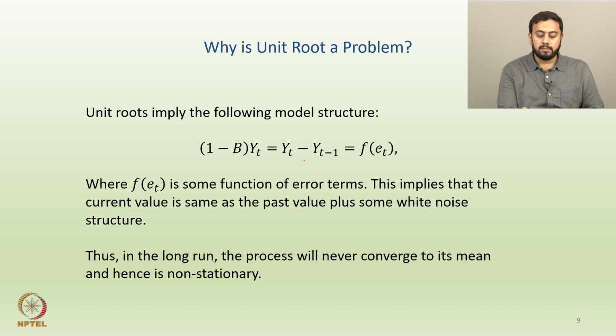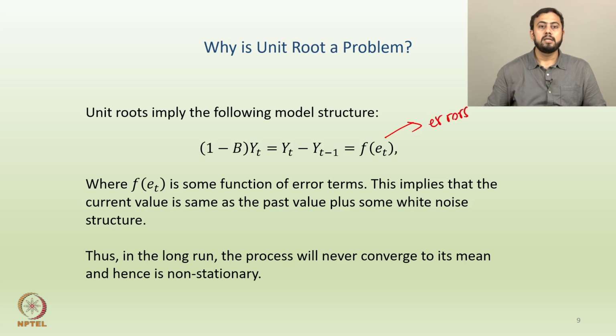This is nothing but yt minus yt minus 1 equals some function of white noise terms or error terms. The et are nothing but errors in our notation. So, let us say yt minus yt minus 1 is a pure function comprising of some errors. So, f of et is some function of error terms.